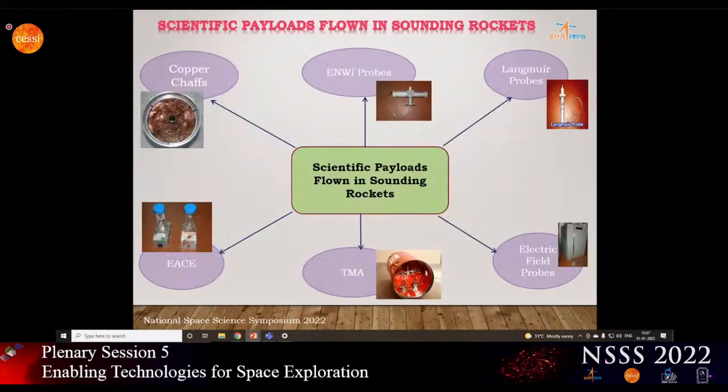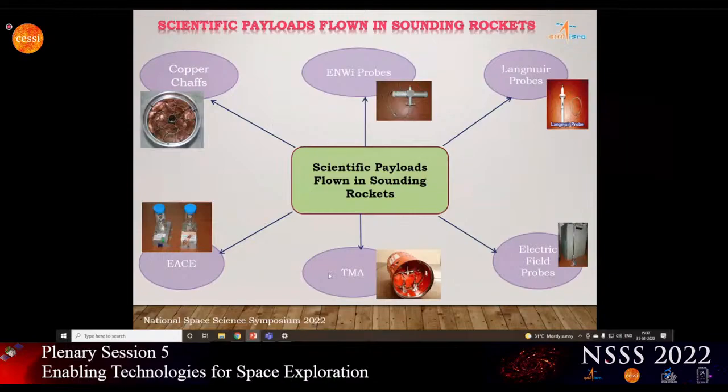Let's see some of the major scientific payloads we have flown on our sounding rockets in the last 3 to 4 decades. You can see the NVA and LP probes, popularly known as Langmuir probes, used for measurement of electric fields through the different layers of the atmosphere.